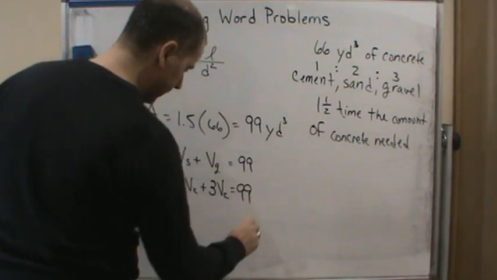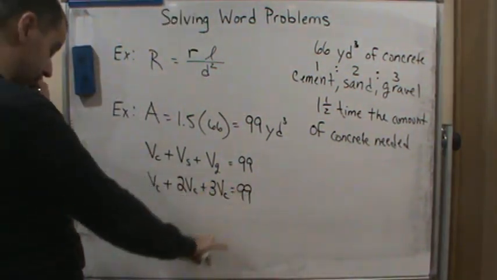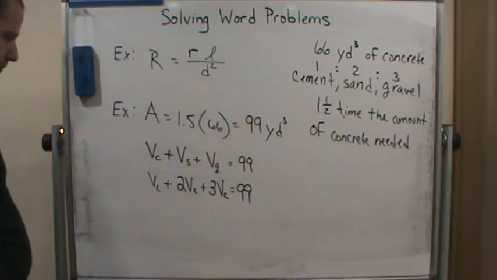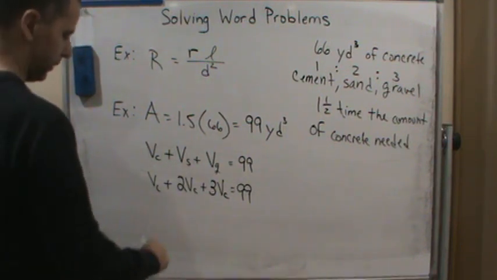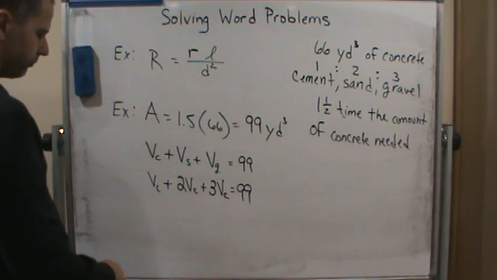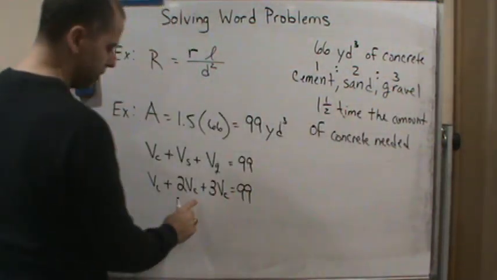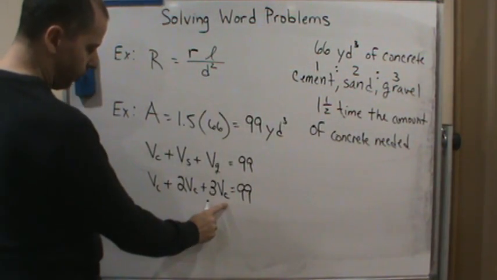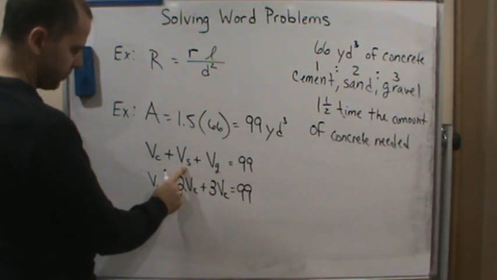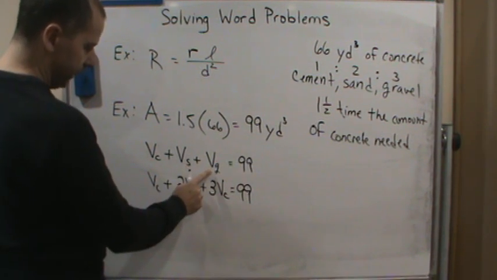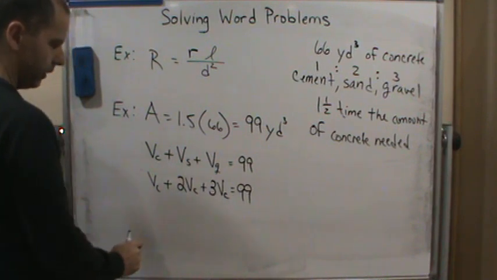That equals 99. Now you could use X, you could use X, Y, Z if you wanted. That's fine, I'm just using different variables. Okay? Now the thing is I was able to use this information to substitute in for V sub S and V sub G so that I have one variable.